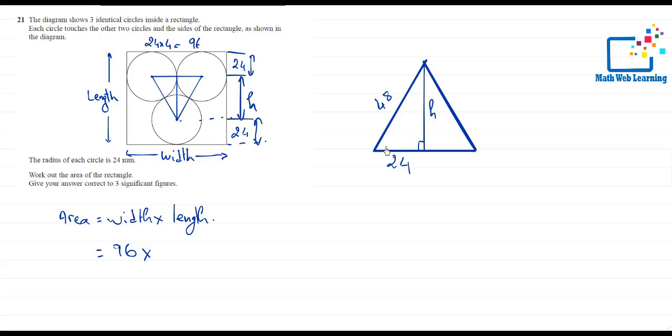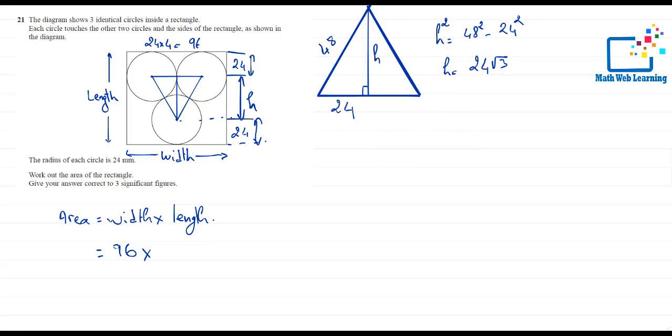All right, so let's do that. I went ahead and did the Pythagoras, which is h squared equals hypotenuse squared, 48 squared, minus the base, 24 squared, and when you square root everything, it gives me this answer.